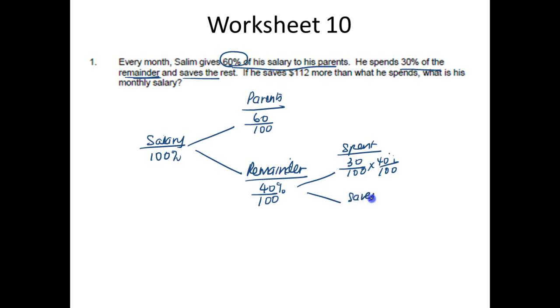Saves 30 out of 100 times 40 out of 100. Saves cannot be 30 because 100 minus 30 will be 70%, right? So 70, but the remainder is 40%, so I cancel.